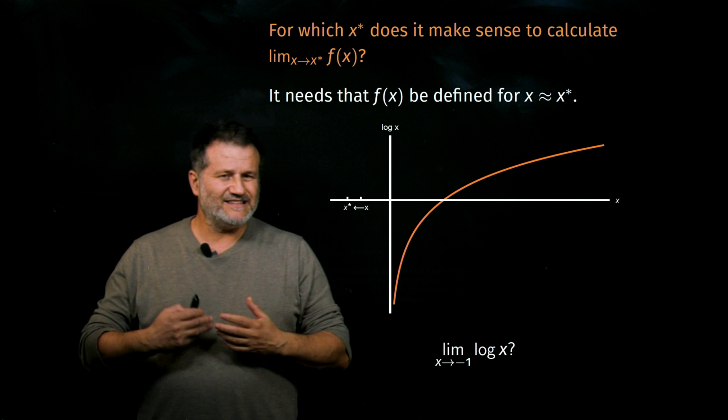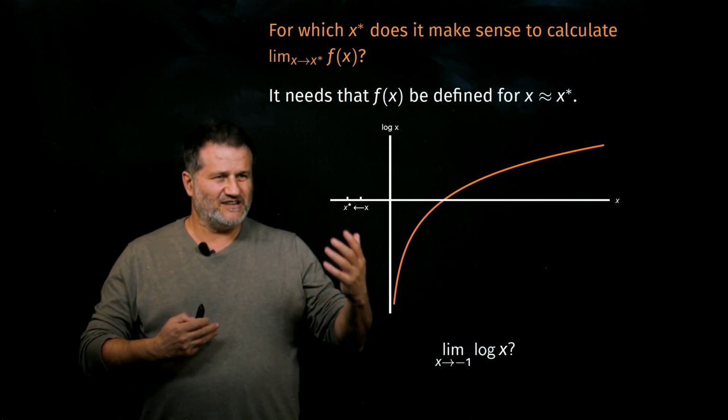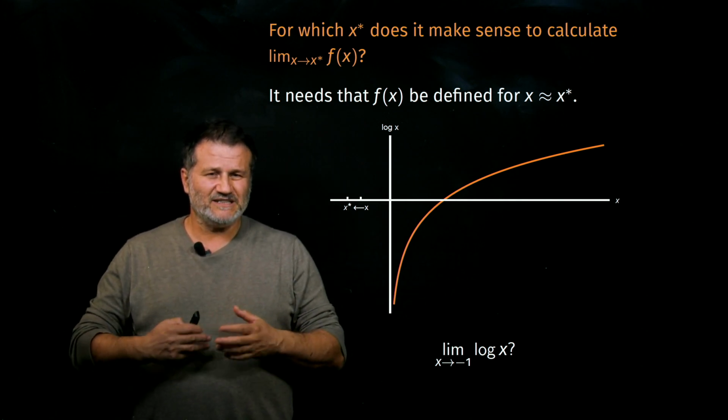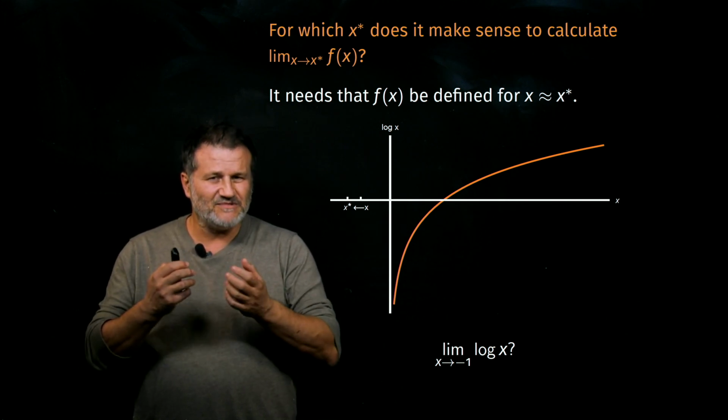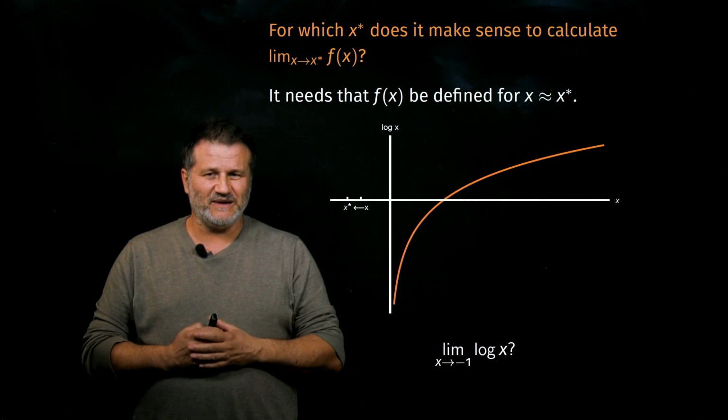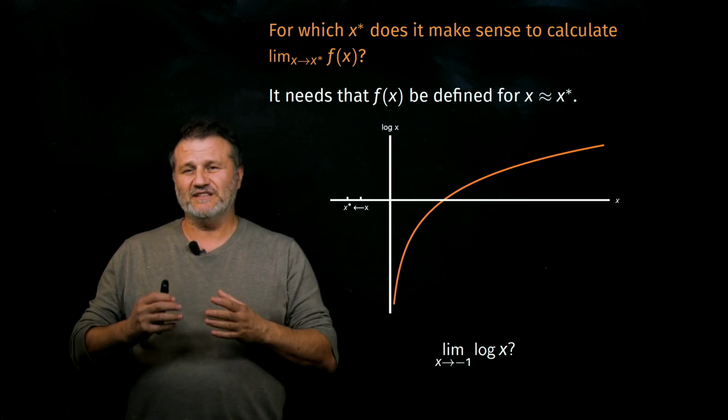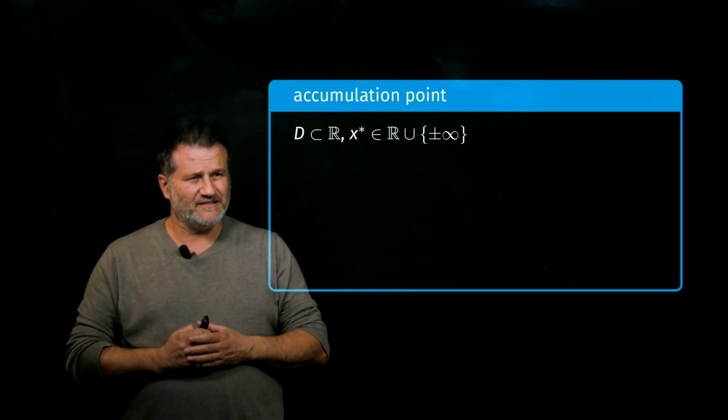So we understand that the points x star at which the limit makes sense must fulfill some condition. In particular, they must be surrounded somehow by points of the domain. This leads to the definition of accumulation point.